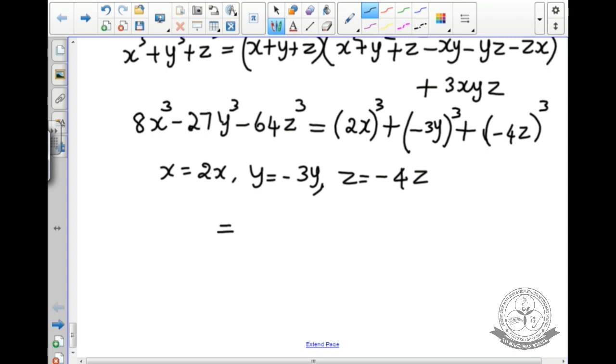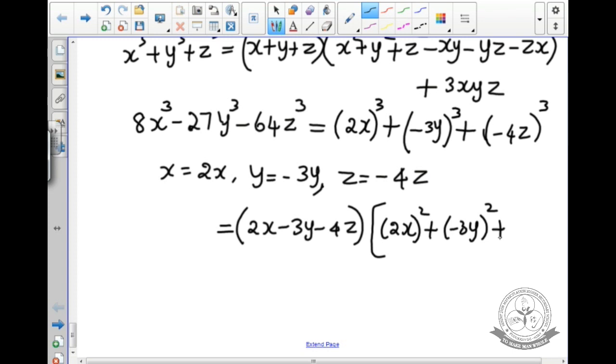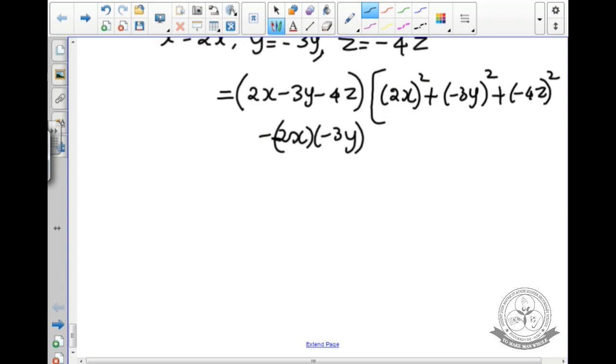What do you get? That is equal to, here the formula x plus y plus z, so 2x minus 3y minus 4z into 2x whole square plus minus 3y whole square plus minus 4z whole square, then minus 2x into minus 3y because xy, then minus 3y into minus 4z, then minus 4z into 2x.